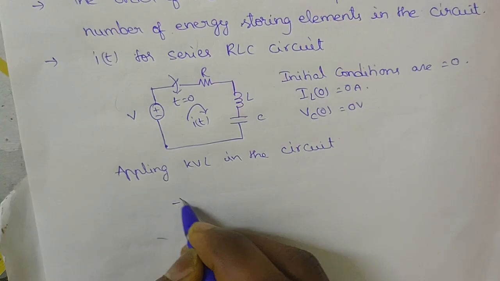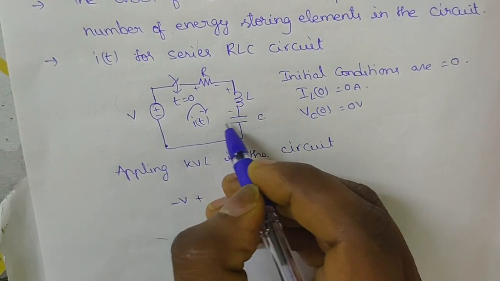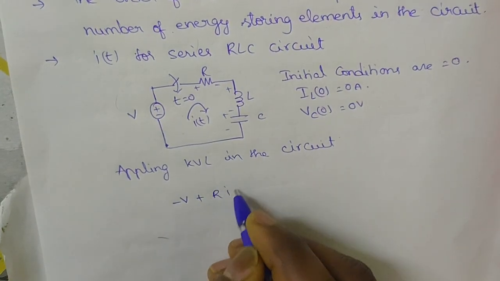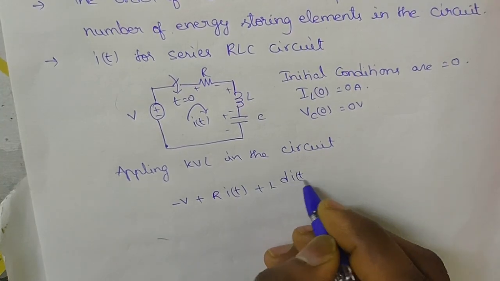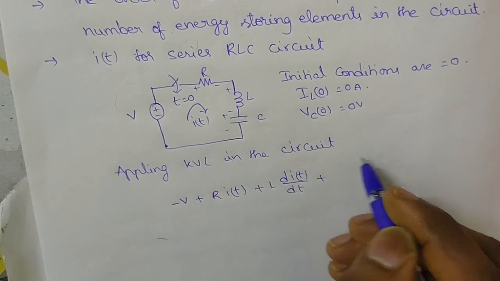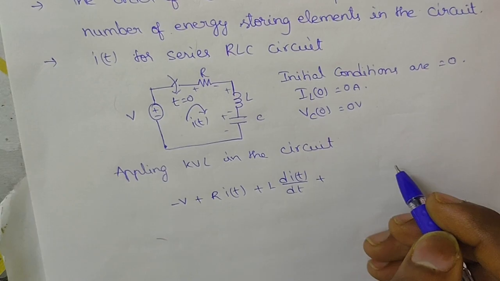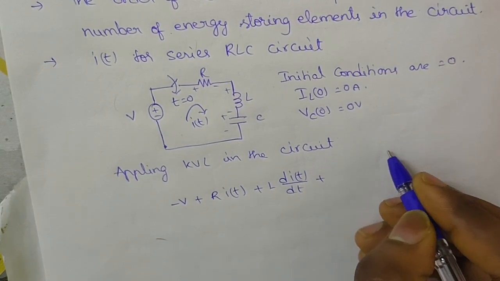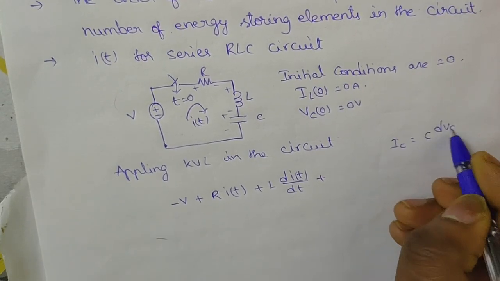Beginning from here, minus V plus, the current direction is this one, so positive negative, R into I of t plus L into di of t by dt plus the capacitor voltage. We know that IC is equal to C dVc by dt.